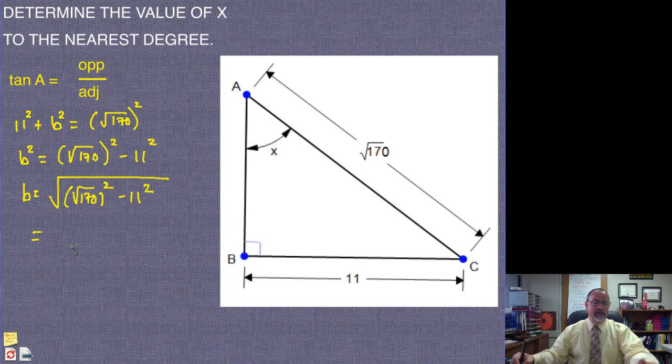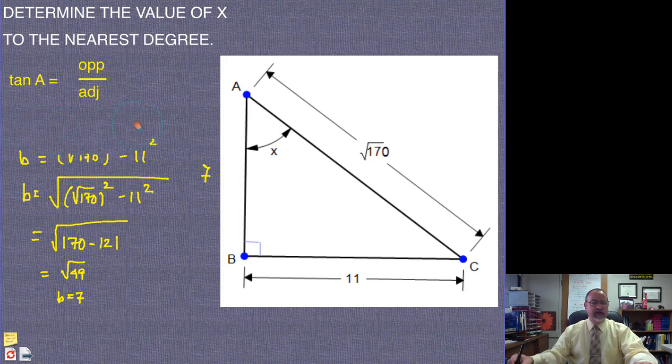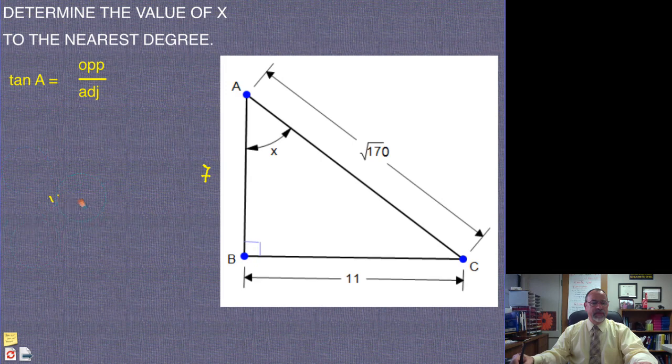Now I'm going to do this without a calculator because this calculation is fairly easy. The square root of 170 times itself is going to be 170, and then 11 squared is 121. So this is going to be the square root of 49, which ends up being 7. So my adjacent side here is going to end up being 7, which I calculated using the Pythagorean theorem.